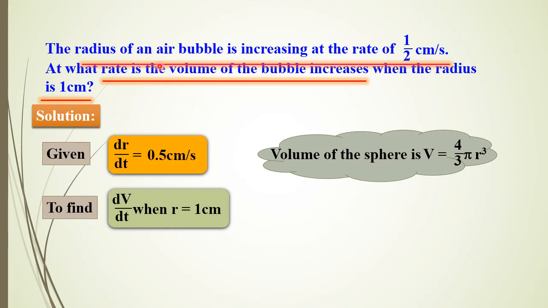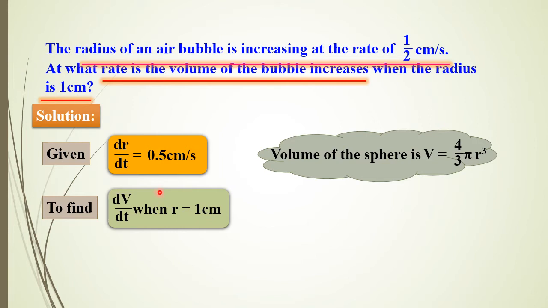And next, at what rate is the volume of the air bubble increasing? If V is the volume of the bubble, when the volume changes with respect to time, it can be written as dV by dt. This only we are supposed to find out in this question. When the radius of the bubble is 1 centimeter, at what rate is the volume of the bubble increasing with respect to time?